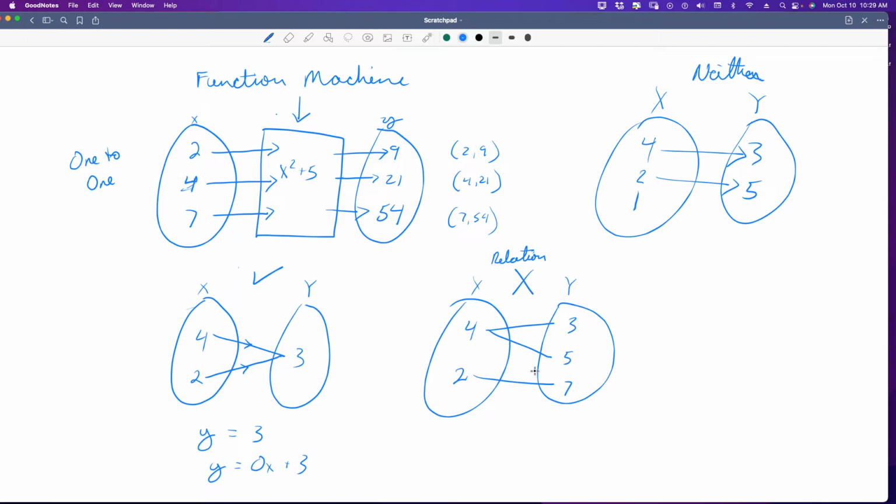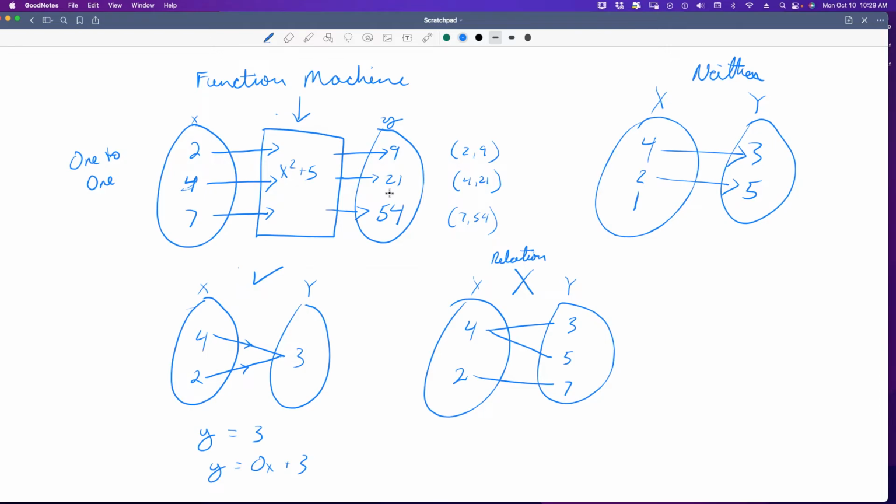A relation, we've already discussed, can't be the same because when you have x with more than one y, that can't be a function, because every unique value of x is going to create a unique value of y in a function. It just is. I'm sorry. Every value of x is going to have a value of y.